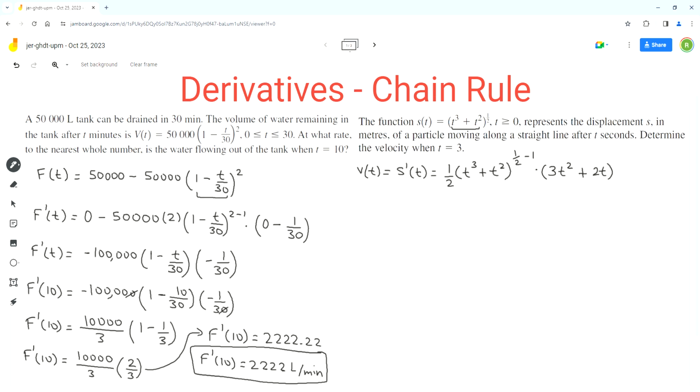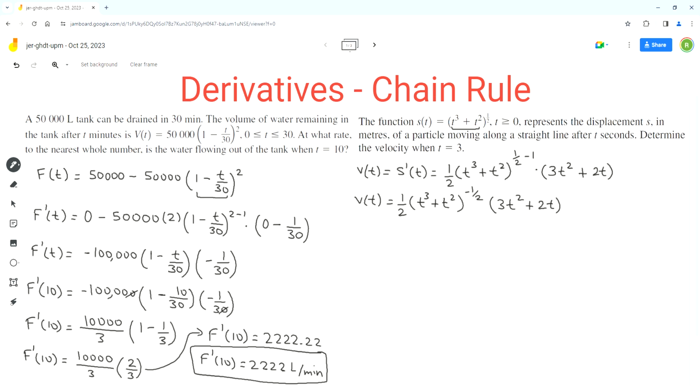Now we can simplify this expression. So v at t equals half times (t cubed plus t squared) with exponent negative half, then times 3t squared plus 2t.